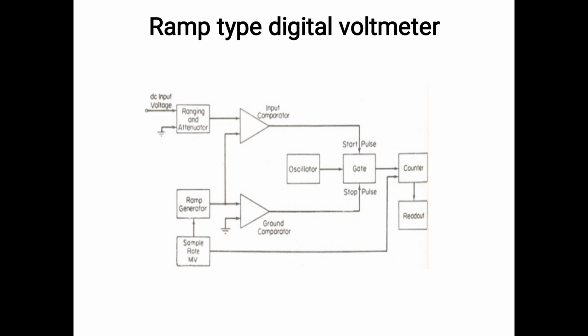Now the ramp signal gets compared with the unknown DC input voltage, which in turn opens the gate by giving a start pulse.